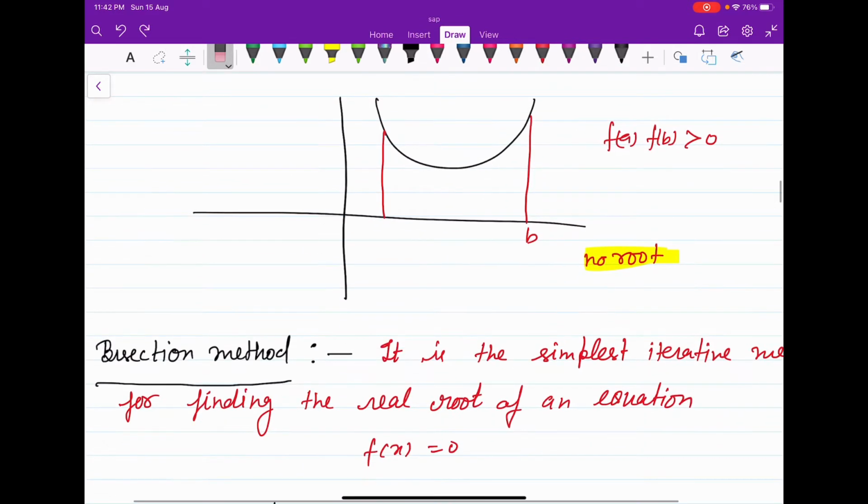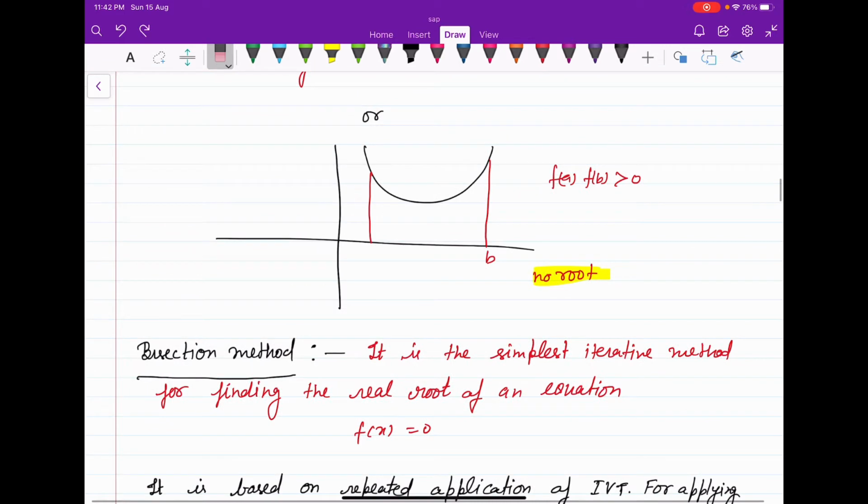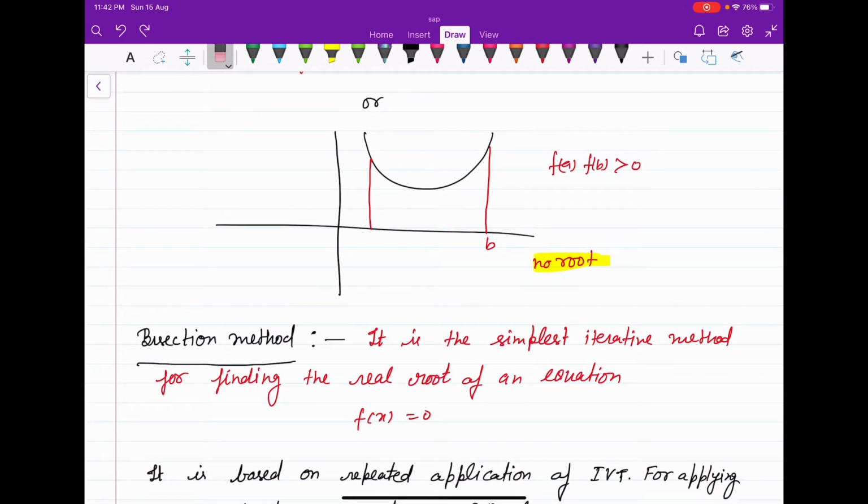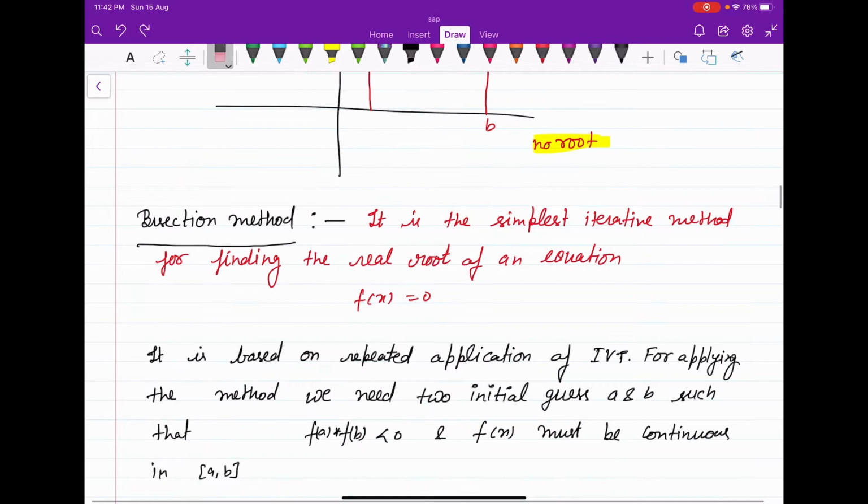So next is the bisection method. The bisection method is based on the repeated application of the IVT, or intermediate value theorem. It is the simplest method to compute the root of the equation f(x) = 0. For applying the bisection method, we have to check the intermediate value theorem condition again and again for each and every interval.